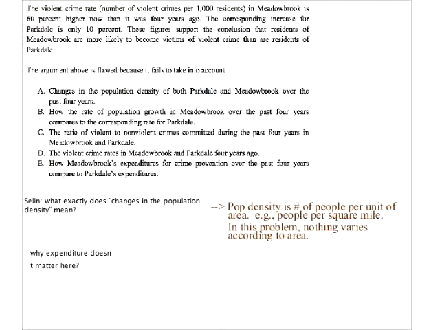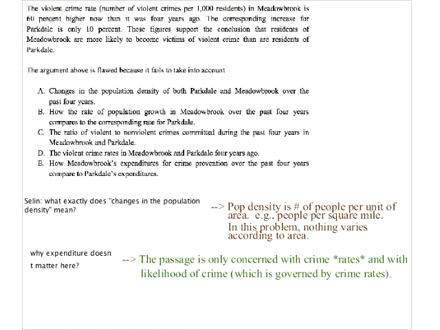The passage is only concerned with crime rates and with the likelihood of crime, which is also governed by crime rates. So expenditures don't have anything to do with it. I'm not really sure how to explain beyond that, but expenditures don't affect the passage in any way. There's no connection.